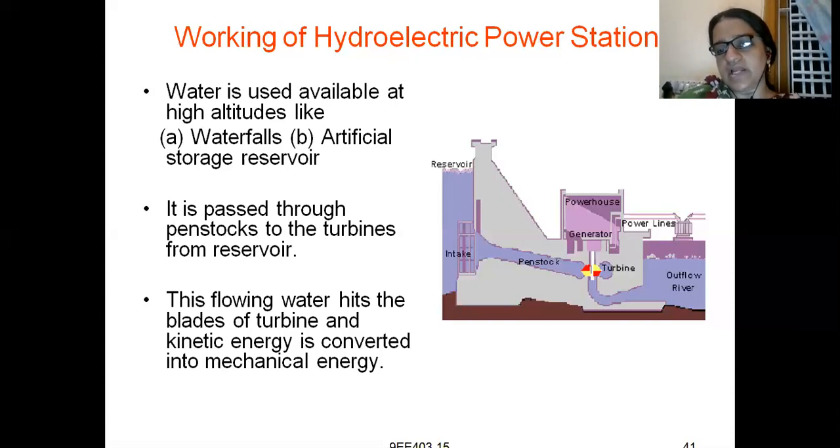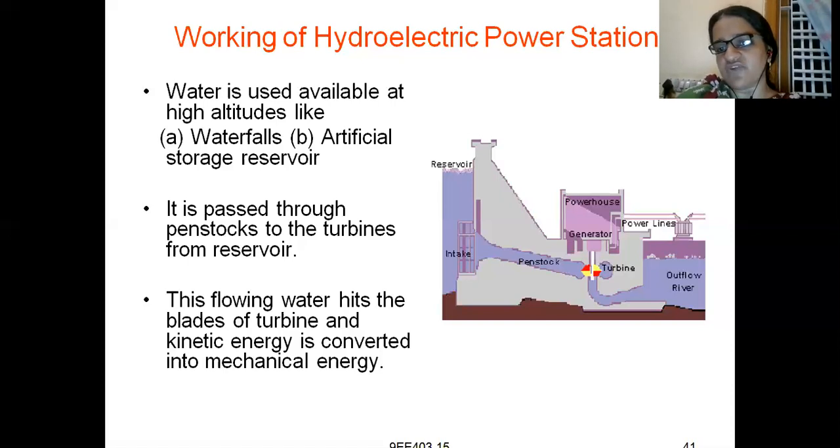From the turbine, an extension is given to the generator. At the end of the penstock you have a turbine, and at the end of the turbine there is a generator. The generator and power lines are inside the powerhouse, and the generator produces electrical energy and gives it to the power lines.